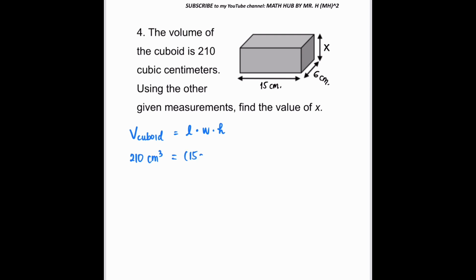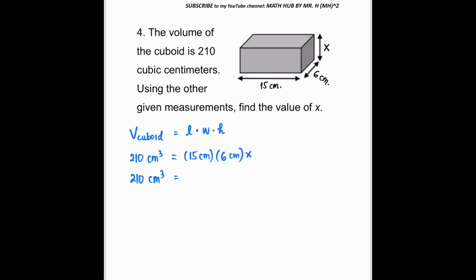So we have 15 centimeters, say for the length, and for the width it's 6 centimeters times the height. Or we can replace the h by x. So we carry on simplifying the right hand side of the equation. So the left hand side is already fine.